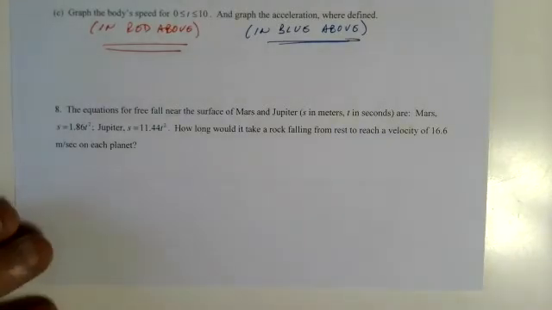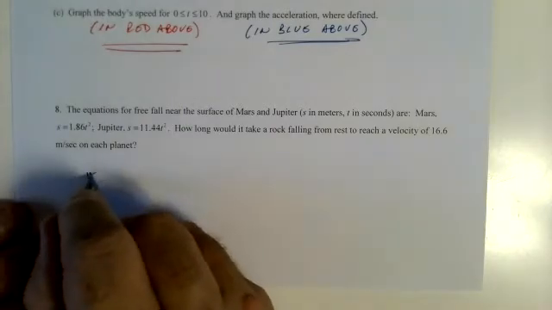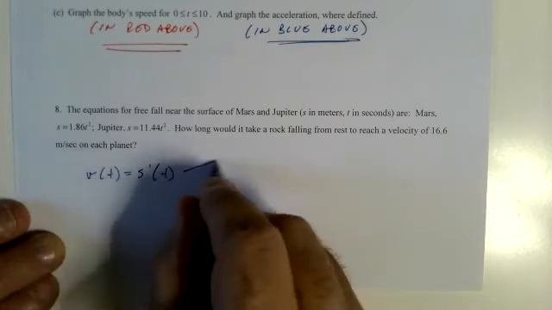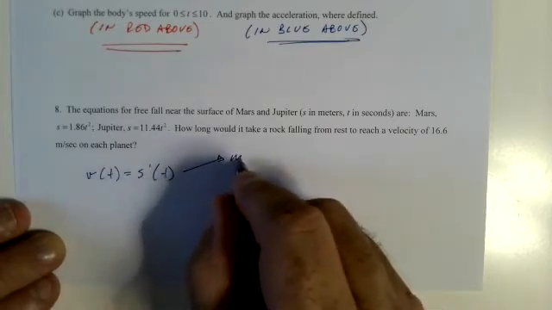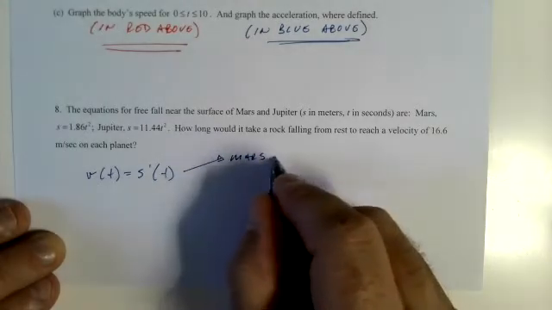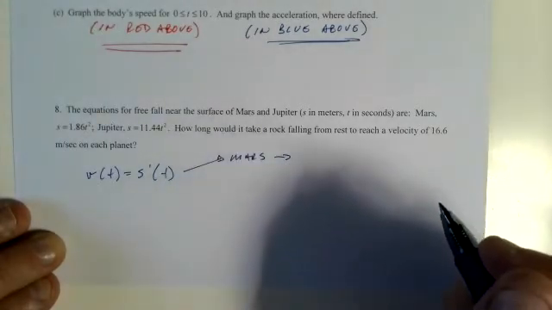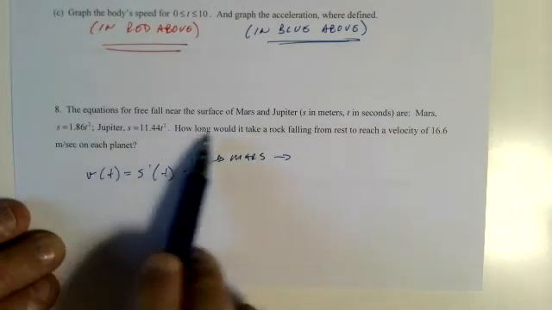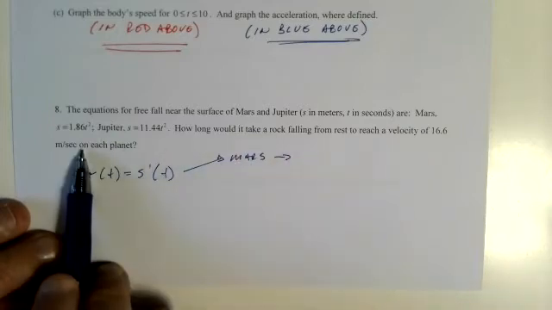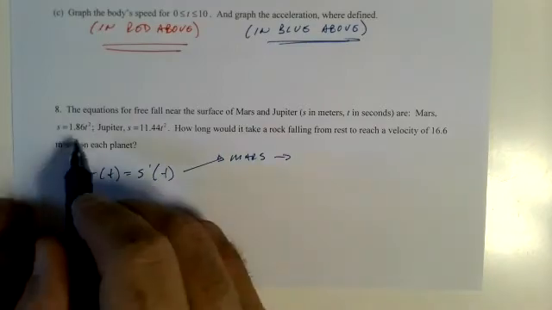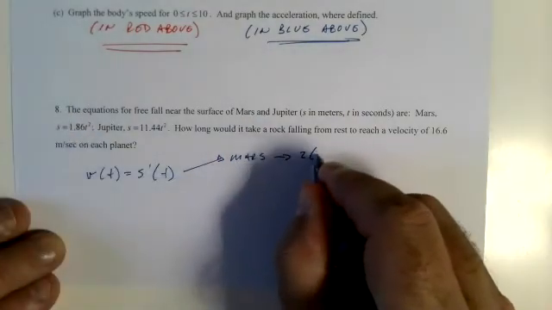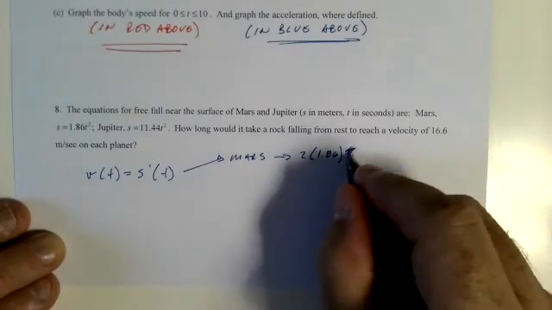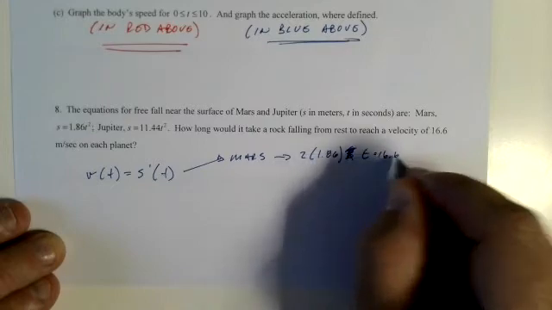So let's go with V of t equals S prime of t. On Mars, 2 times that, which is 8.6 t.